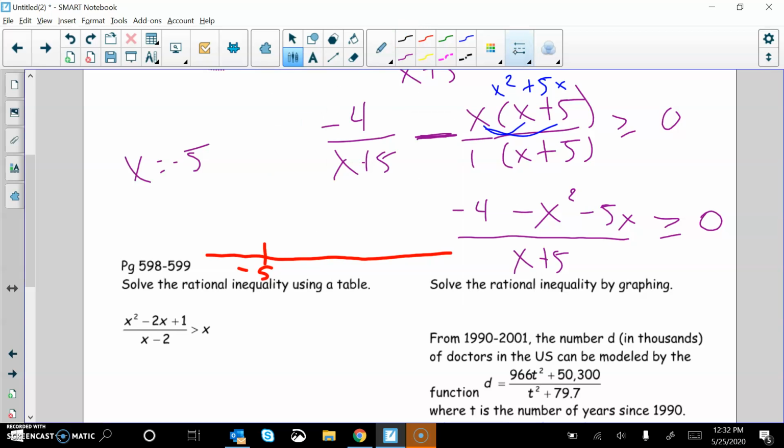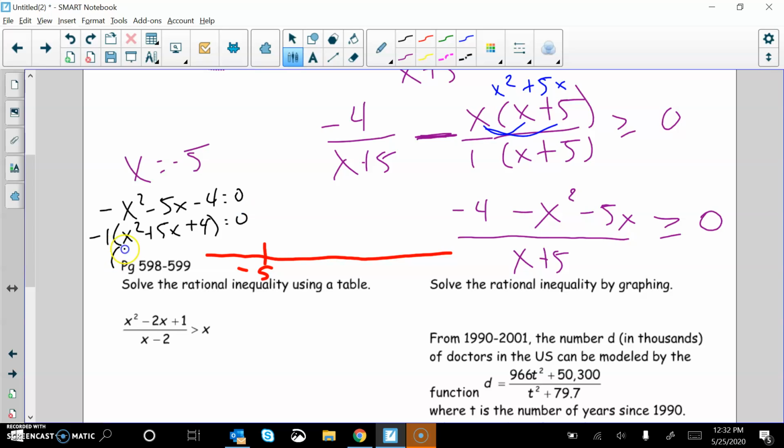Let's set the numerator equal to 0 and solve that as well. So my numerator, -x squared minus 5x minus 4. We need to find out when that's 0. I'm going to factor out -1. It's going to make things a little easier to work with.